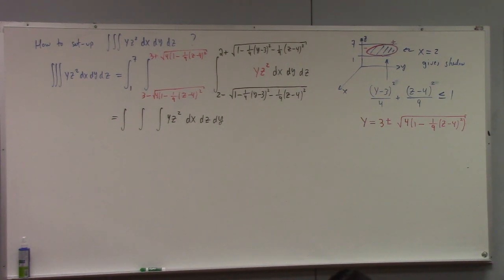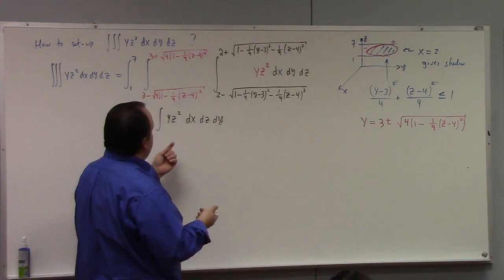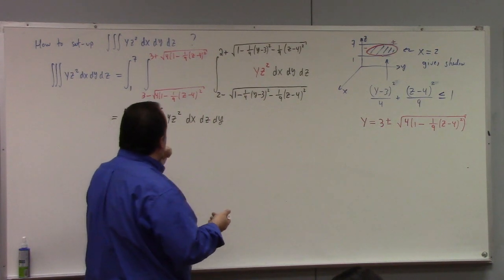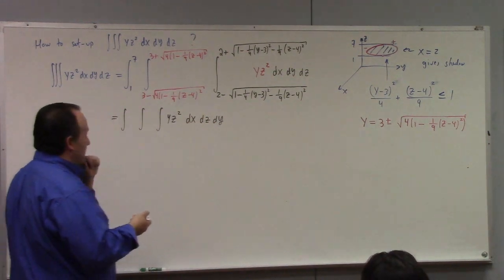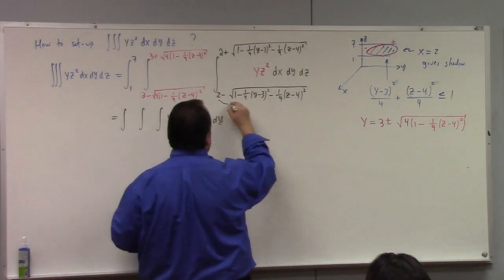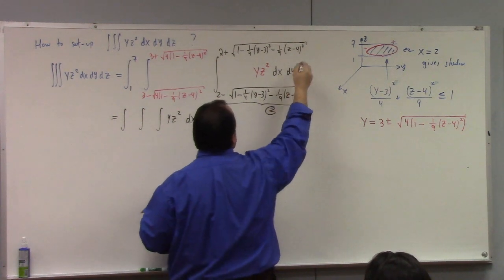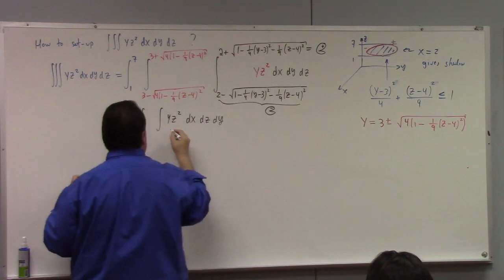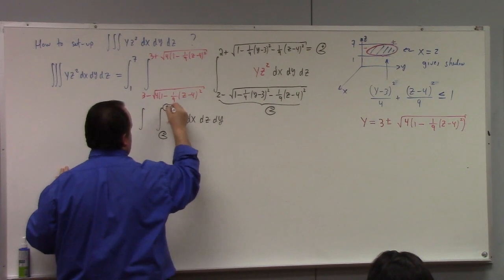One thing you should be able to tell me without much work at all is that the innermost bound is still just what it was before, right? So the inner bounds, let me call them Pac-Man minus and Pac-Man plus. It's still the integral from Pac-Man minus to Pac-Man plus.